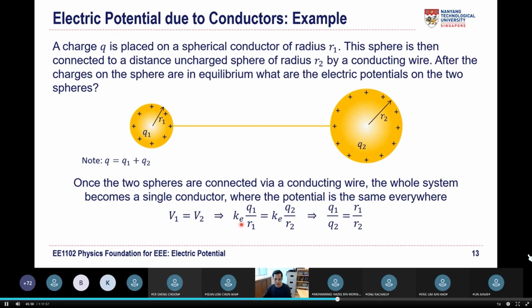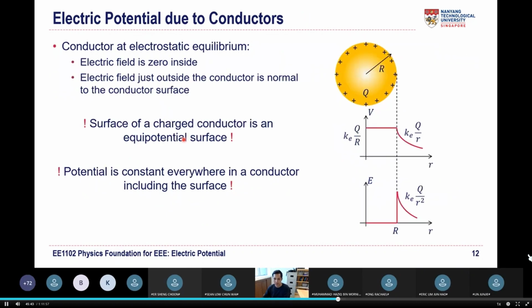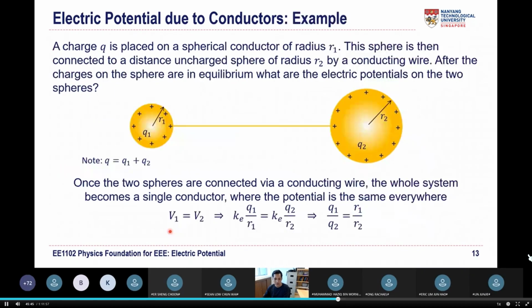And how do you calculate V1? On the surface, we can calculate it by applying this equation. It's going to be Q1 divided by R1, the radius there. And for the second sphere, it's going to be Q2 divided by R2, where Q1 and Q2 are the charges located in the first sphere and second sphere, respectively.